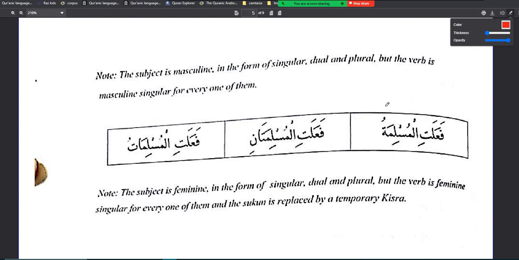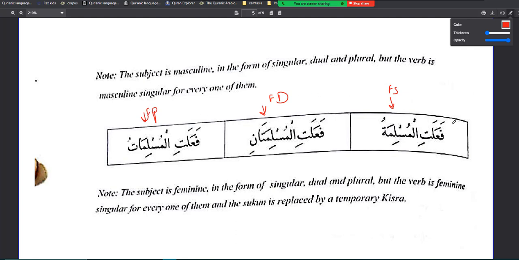Example, the subject is feminine. Al-Muslimatu, this is feminine, singular. And then Al-Muslimatani, what is this? Feminine, dual. And then we have Al-Muslimatu, this is plural, feminine plural, right?